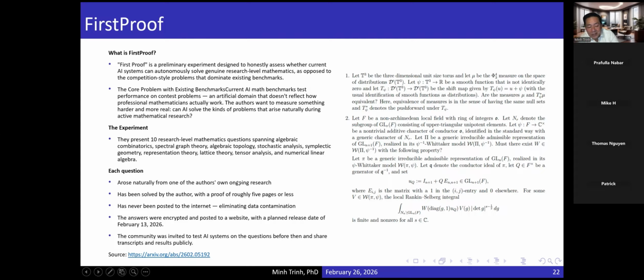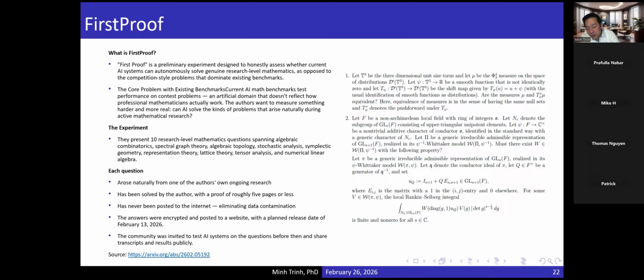This is like lemma-level problems that were never posted on the internet, so there are no leaks and no data contamination. These guys are experts. They know from their own research that this thing has not been done before, and they have the proof.